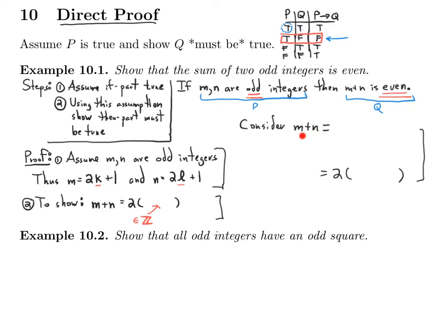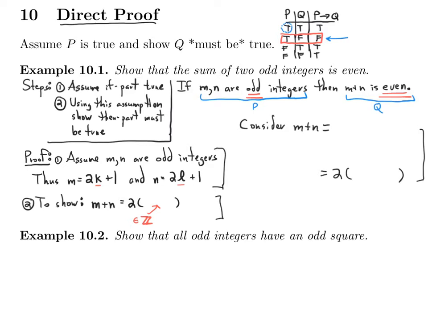We have m plus n, and we want to show it's 2 times some integer. We assumed that m and n were odd, so m equals 2k plus 1 and n equals 2l plus 1. And I want to use that assumption at some point, so I might as well use it right now.